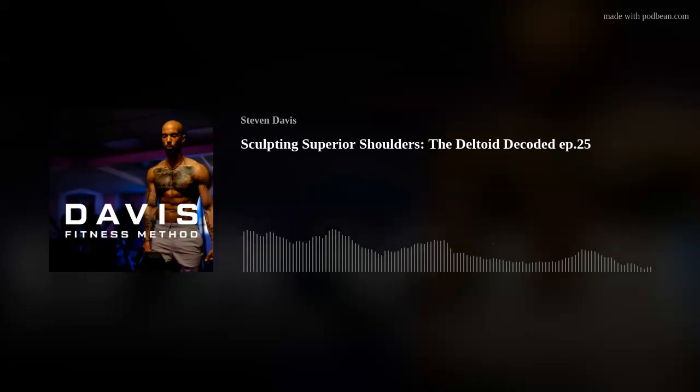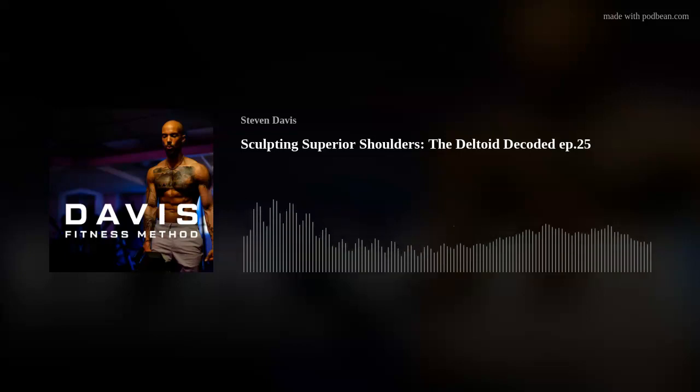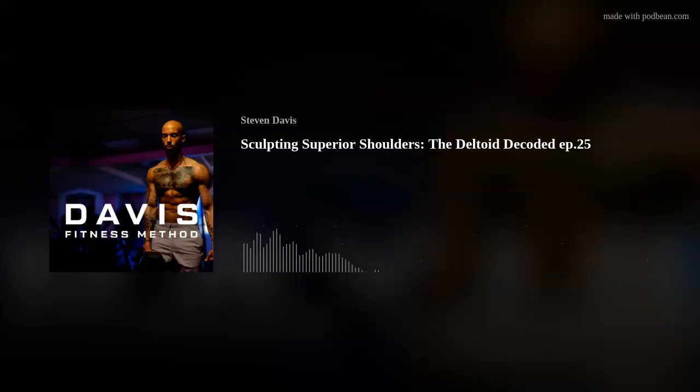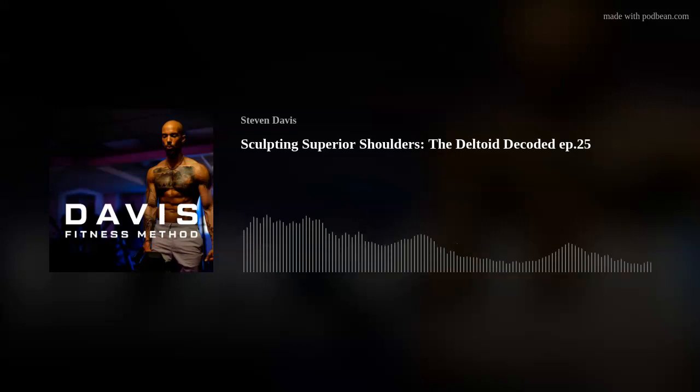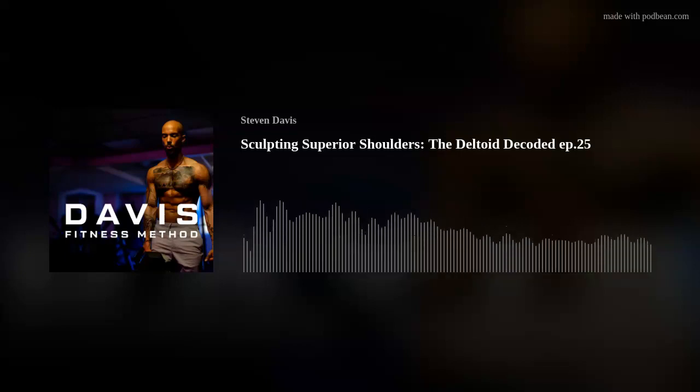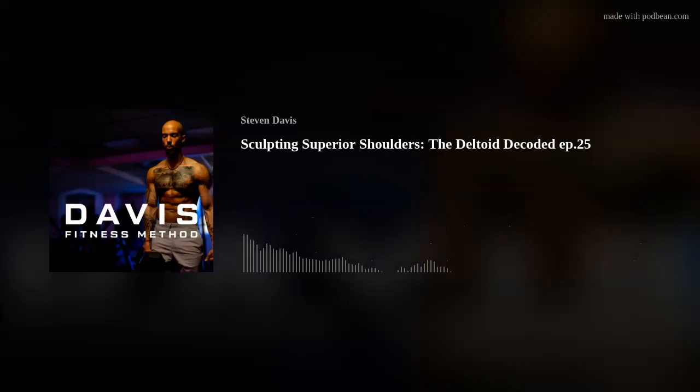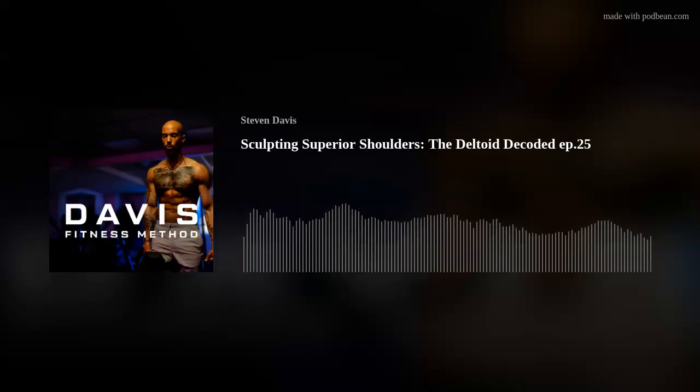We could probably just stop there, but I think that's going to be the biggest thing. Let me double back. With other muscle groups, we're trying to get them in positions where they're lengthened and shortened and stretched and all that stuff. But like I said, with the deltoid, we just want to focus on resistance profiles instead of strength profiles.